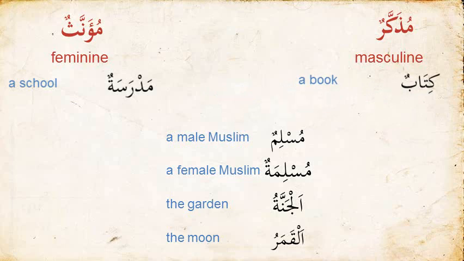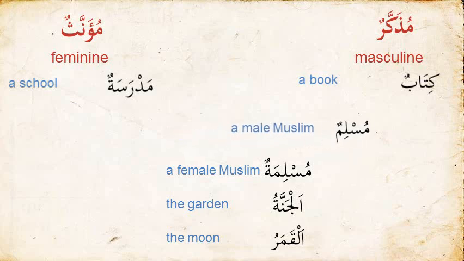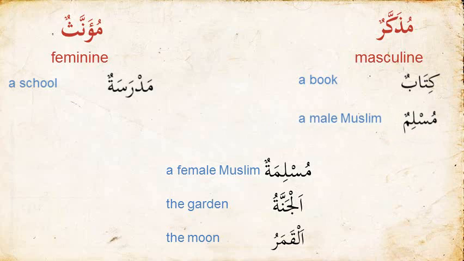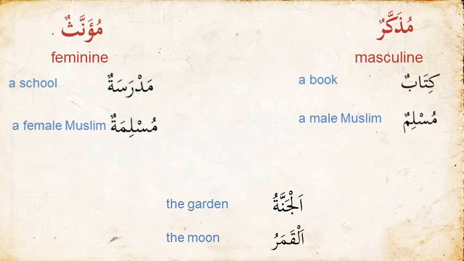The next word is muslimun. We look at the end of the word and there's no ta marbuta. Therefore, muslimun would actually refer to a male Muslim. Whereas the word muslimatun, because it has a ta marbuta, it's a feminine word, therefore muslimatun would refer to a female Muslim. So when it comes to people, there would be a male and female version.